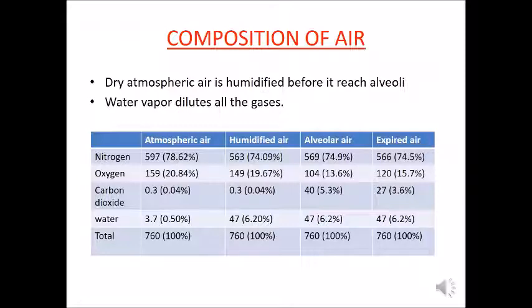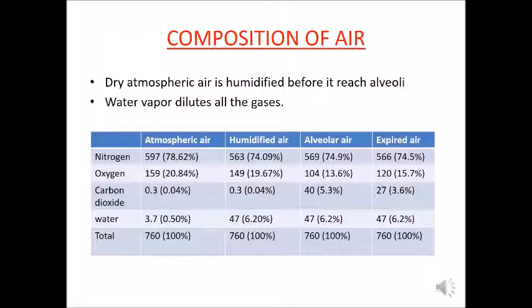Now you can see in humidified air, in alveolar air and in expired air, the water vapor pressure is always 47, constant. You can also see the total pressure is always constant, 760 millimeter of mercury. You can also see in the atmospheric air and humidified air, carbon dioxide level is almost negligible.